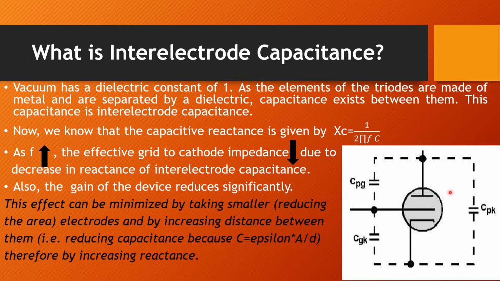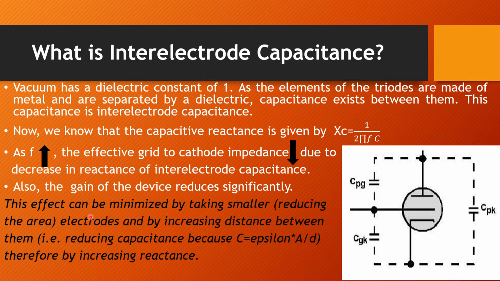At the output also, the same thing happens. The current will not be delivered to the load, and the load voltage will be assumed to be zero. So if the output voltage or the input current or voltage reduces, the gain definitely reduces, because gain is equal to output voltage upon input voltage or output current upon input current.